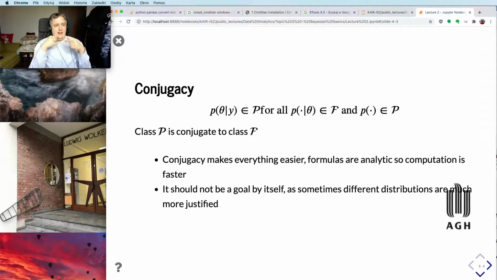This case, where multiplying prior and likelihood results in a nice analytic formula, is called conjugacy.